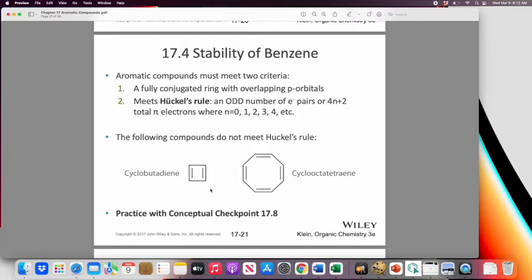Again, we're looking for this pattern. Let me just redraw it because I kind of uglied it up. Double bond, single bond, double bond, single bond, double bond, single bond. It has to have that pattern in order to be a fully conjugated ring. So this one, because we have two single bonds next to each other, violates rule 1. When a compound violates rule 1, we call it non-aromatic.